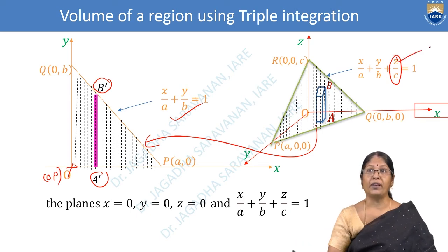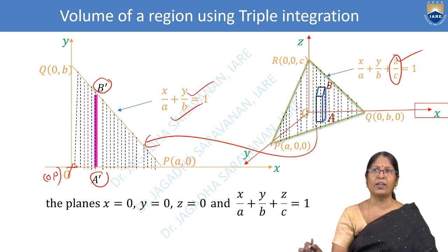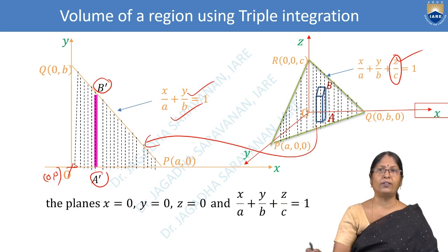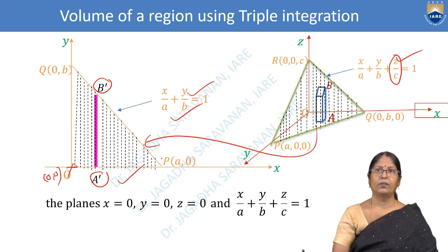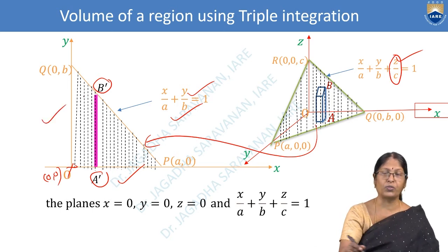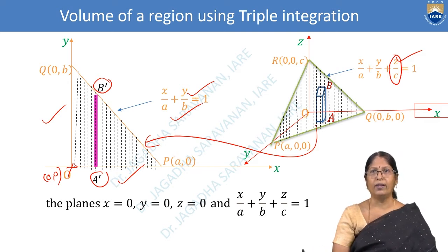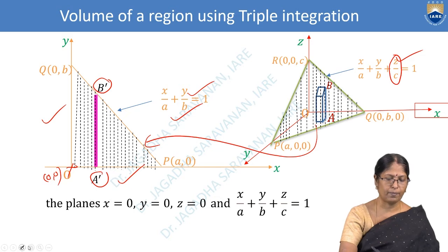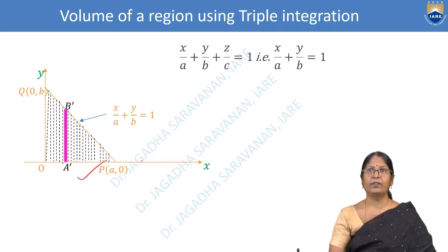Neglecting that, the remaining is written since we are concentrating on XY alone, for that the diagram is drawn here. To understand more clearly how we are getting the limits of Y, the diagram is kept again.